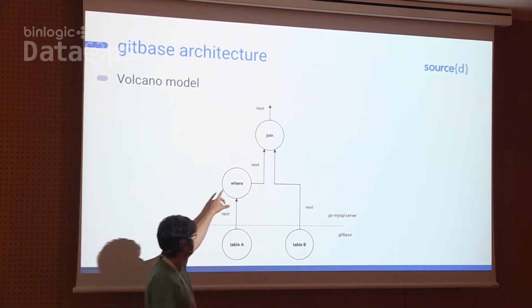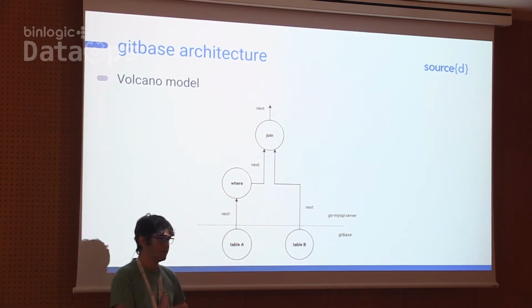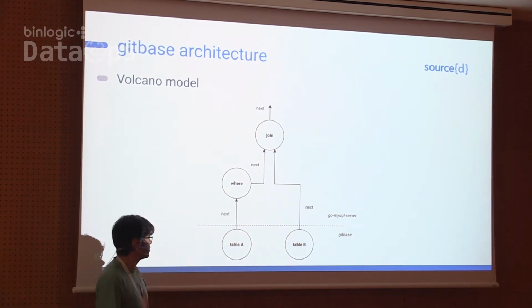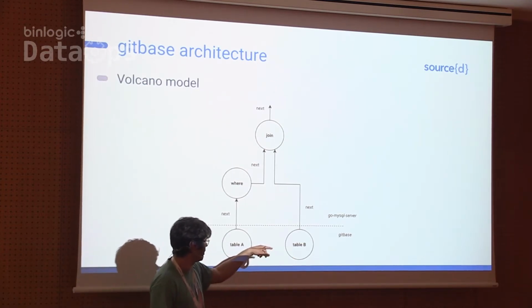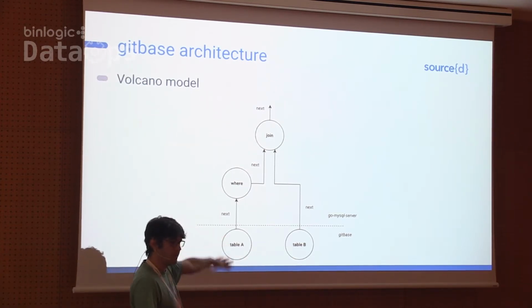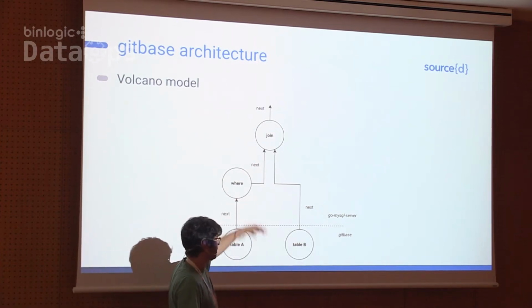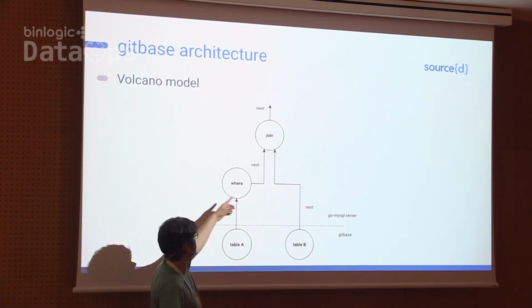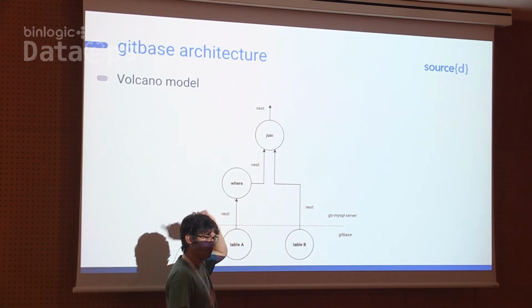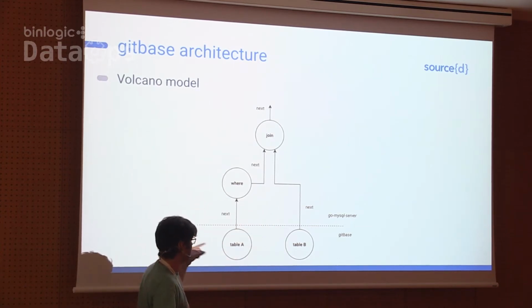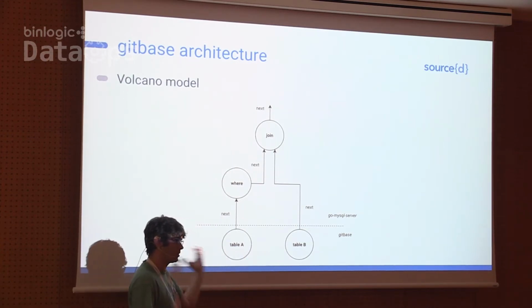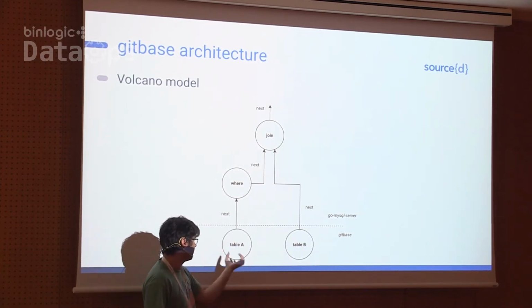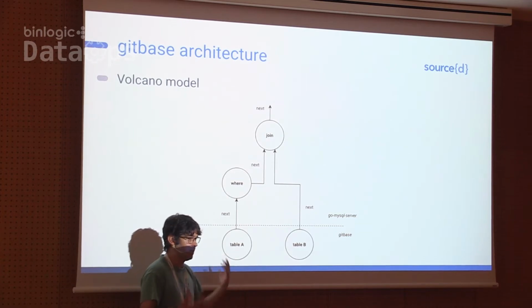It's an iterator that when you call next, it gets the next row from below that matches the filter, and the same with join. An interesting part here also is the dotted line, and you can see the difference between the Gitbase project and go-mysql-server. Go-mysql-server knows how to do filters, how to do joins, how to parse the SQL and all that stuff. And Gitbase is providing the storage layer that knows how to extract the data from Git in this case, but could be anything.